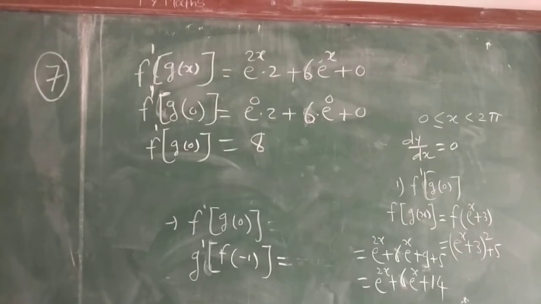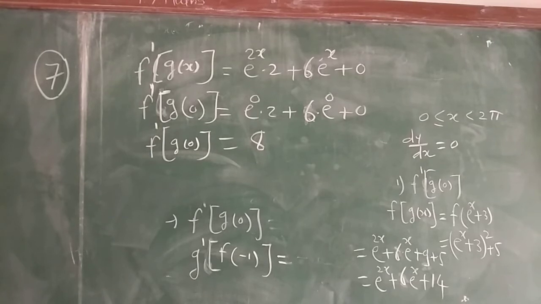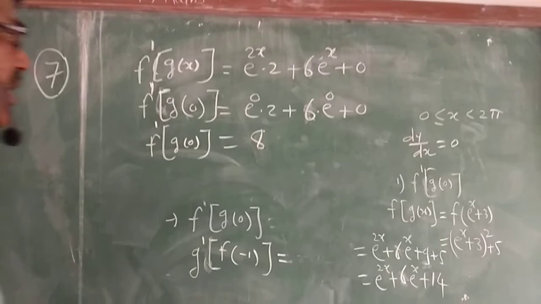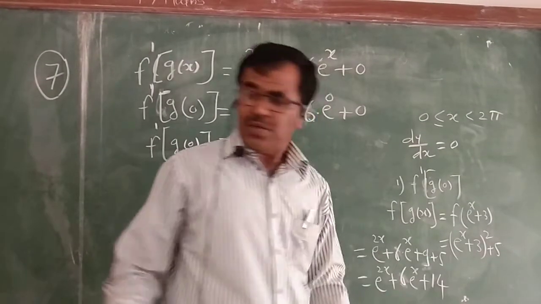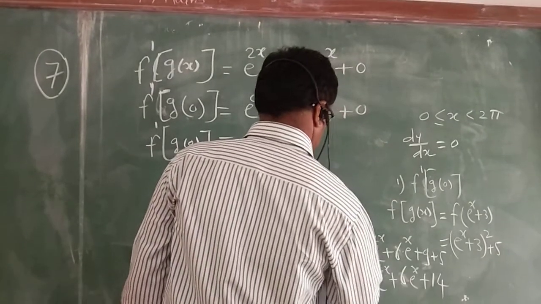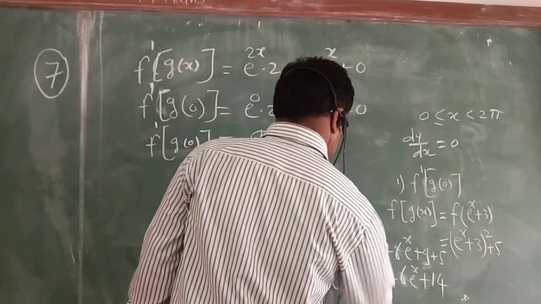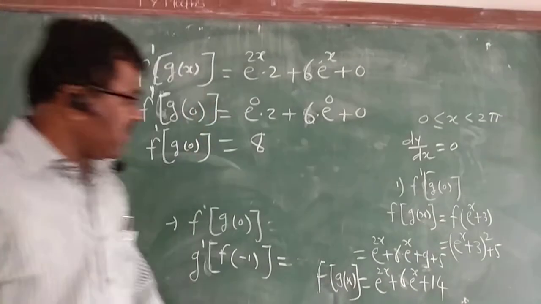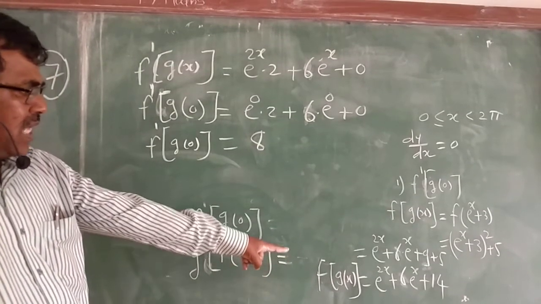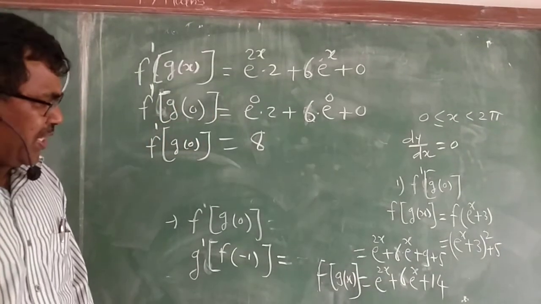Here f of g of x equal to this one, e raised to 2x plus 6 into e raised to x plus 14.